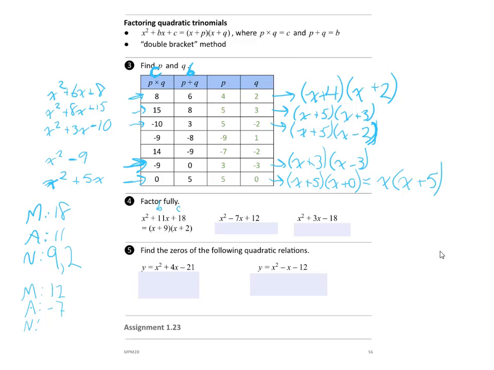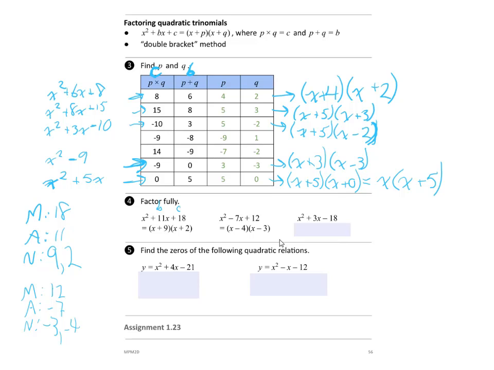So what two negative numbers multiply to 12 but add to negative 7? Keep in mind the factors of 12 are 1, 2, 3, 4, 6, and 12. What two of those numbers will add together, or subtract in this case, to get you negative 7? If you said negative 3, negative 4, then you are correct. So you should have x minus 3, x minus 4 in your brackets here.